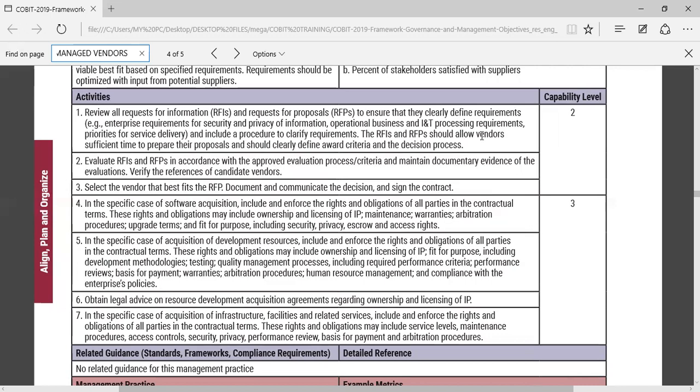The request for information and the request for proposals should allow vendors sufficient time to prepare their proposals and should clearly define award criteria. Let us know in advance, okay? So the financial metrics, the technical metrics should be clearly defined. The decision process should be clearly defined. Shouldn't be shrouded in secrecy.